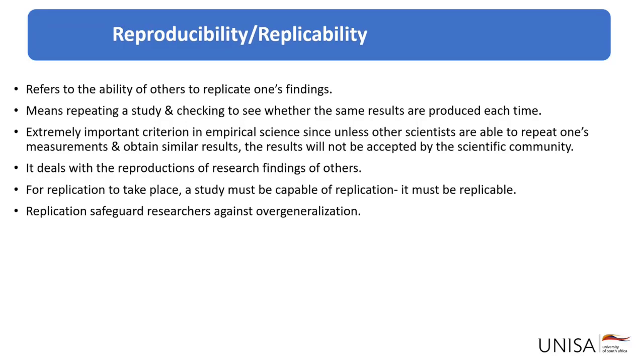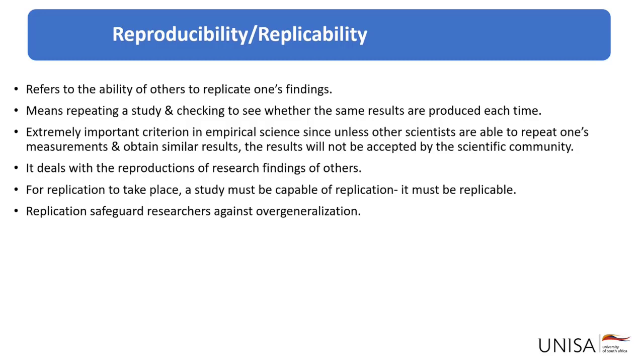This is an extremely important criterion in empirical science, since unless other scientists are able to repeat one's measurement and obtain similar results, the result would not be accepted by the scientific community. So if I put together a commission and come to a different conclusion, it might speak to the replicability principle or measurement.